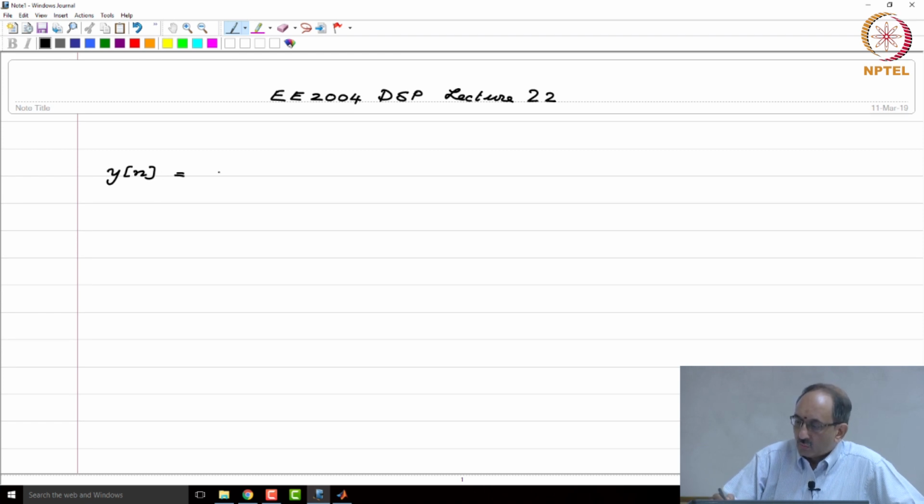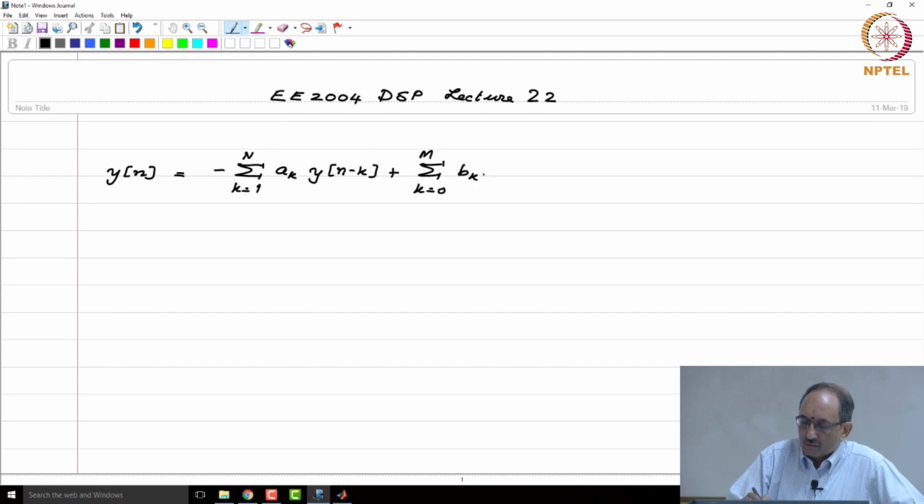So, y of n is given by sum over k going from 1 to capital N of a_k y of n minus k, plus sum over k going from 0 to capital M of b_k x of n minus k. So, this is the basic input output relationship that belongs to the class of LCC-DE.